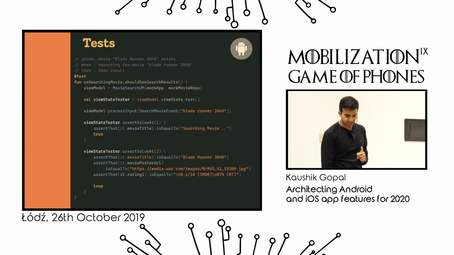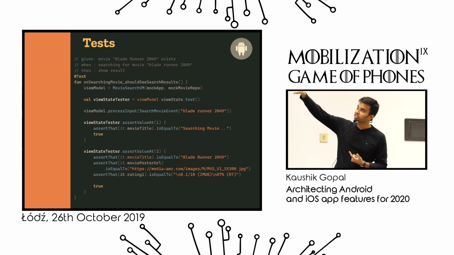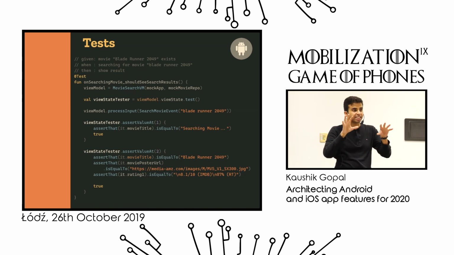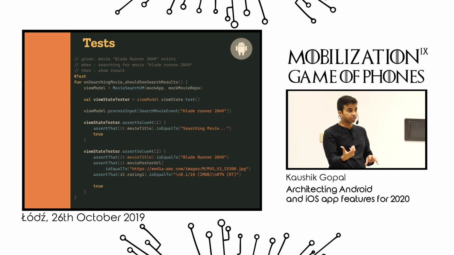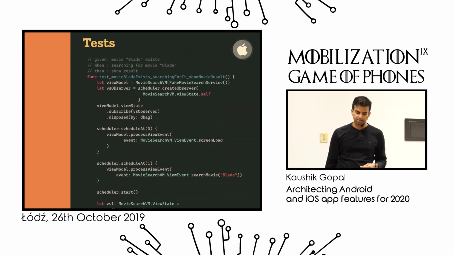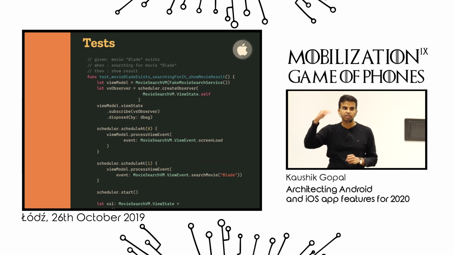But more importantly, the thing that I really enjoy is the tests. If this is what the test looks like, don't worry about reading through this whole thing. You can go to the code base and you'll see a lot of these tests that I've written are meaningful tests. This is what it looks like for iOS, and it's pretty much the exact same thing. I've used the whole BDD thing, so given, when, then.